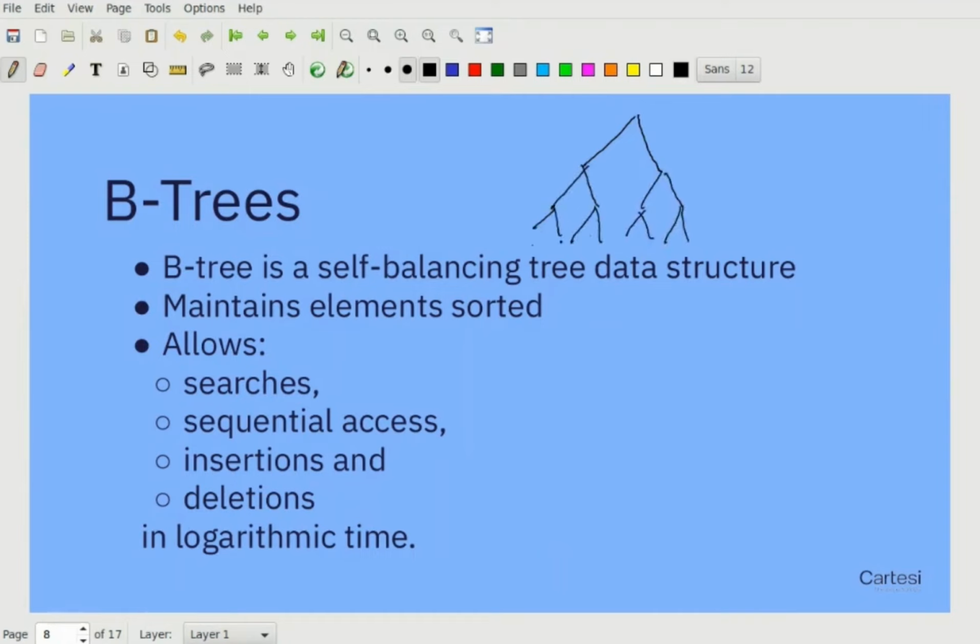If you have ordered elements in the leaves here, and you have a pointer with the separation in each of these internal nodes, and you're looking for something, you can just say, is it bigger or smaller than this one? It's bigger, so I'll go right. Smaller than this and bigger than this. Oh, I found it. So if you have n elements in total, you have a depth of log n. So very quickly you can find any element you're looking for.